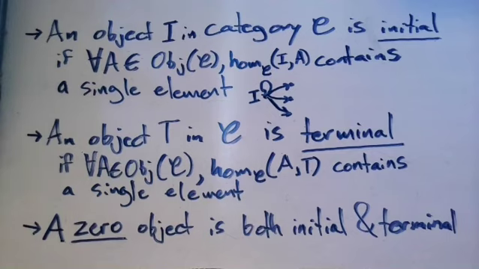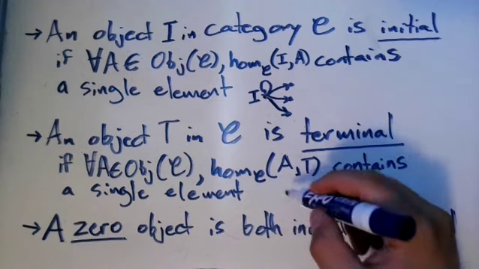The next type of object is a terminal object. An object is called terminal in C if for any object A in C, the hom set from A to our terminal object T contains a single element.